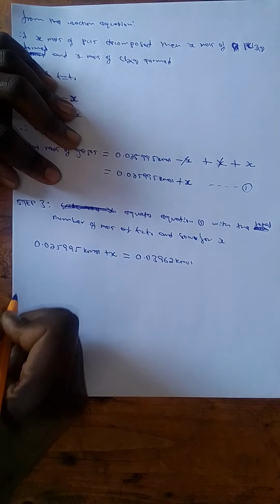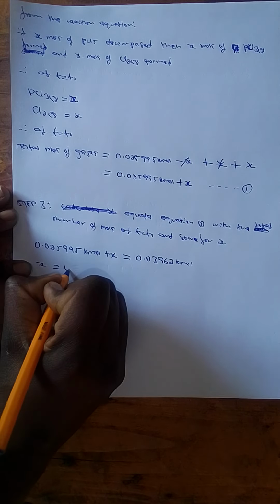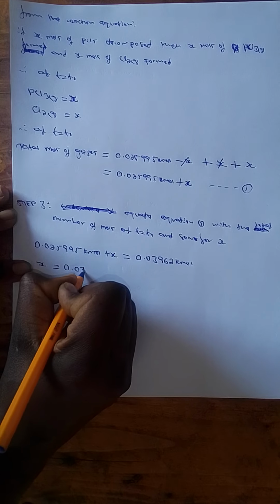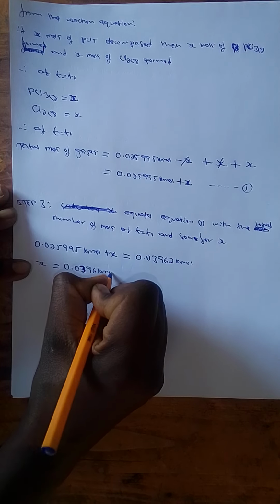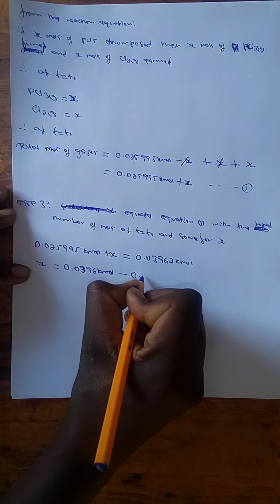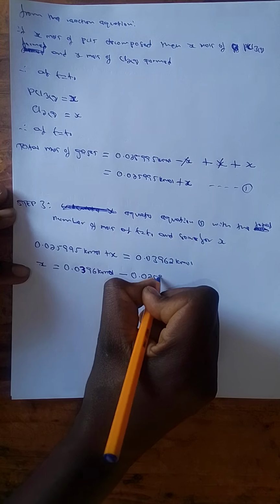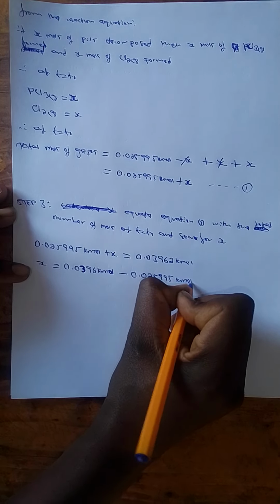Therefore, if you solve, you'll find that X is equal to 0.03962 kilomole minus 0.025995 kilomole.